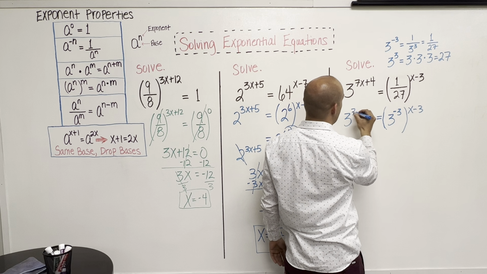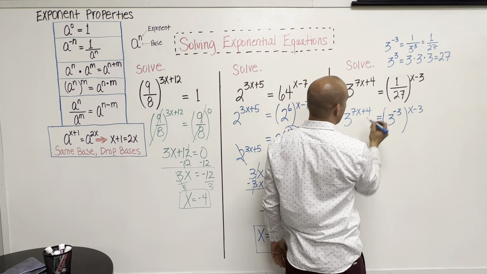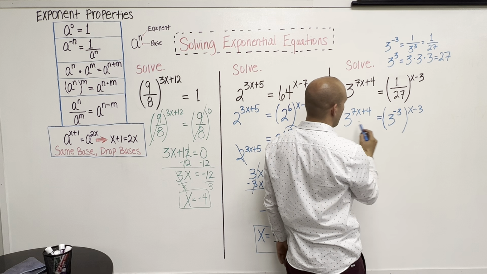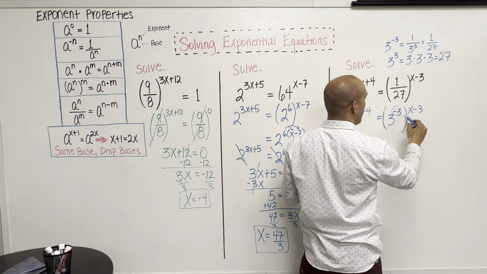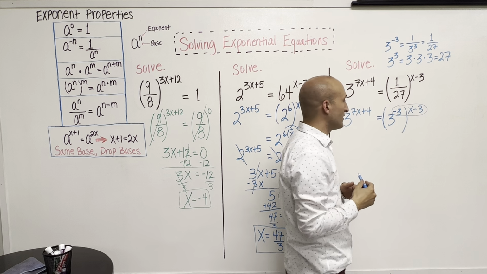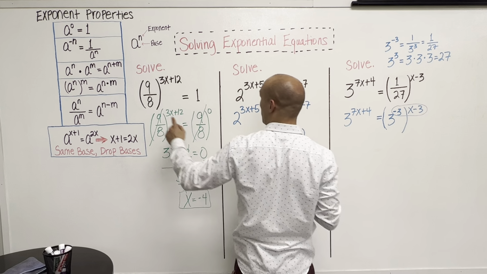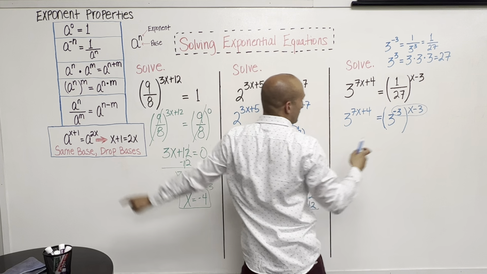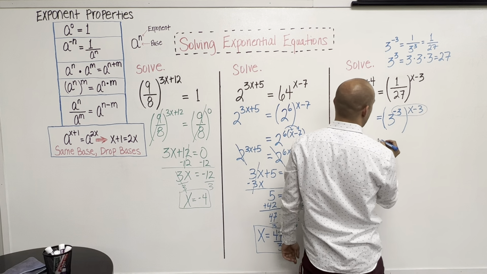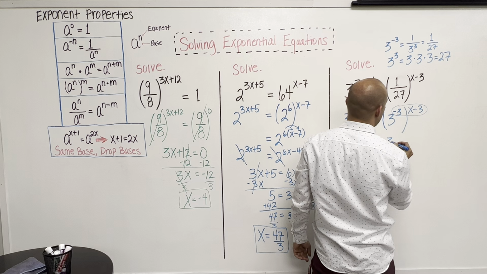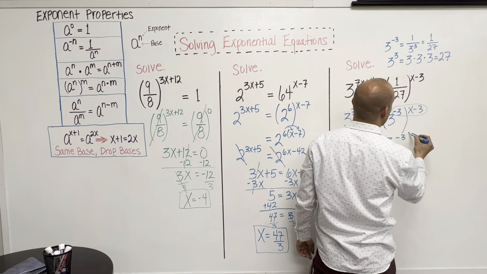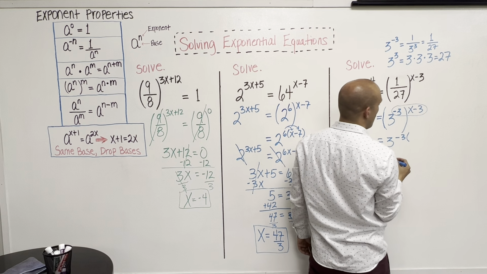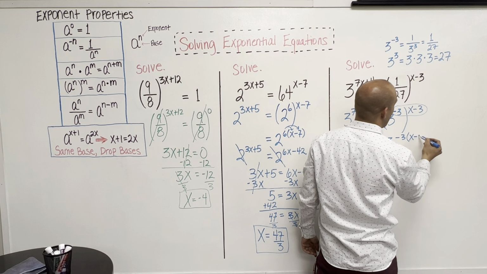On the left side, I'm just going to rewrite. Same base, nice. But I'm going to go ahead and do this property first. That's a power to power, so I multiply my exponents here. So it's going to be 3 raised to the power of 3 multiplied by x minus 3.